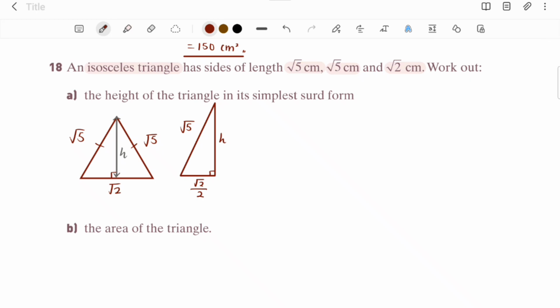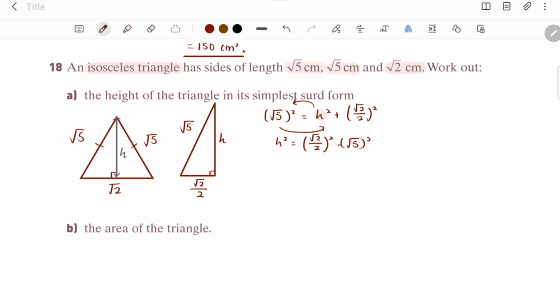So let's use the Pythagoras theorem now. So surd 5 squared equals height squared plus width, surd 2 over 2, squared. We have to solve for h. So let's switch the side first. H squared to here, surd 5 squared to here. H squared equals surd 2 over 2 squared minus surd 5 squared.